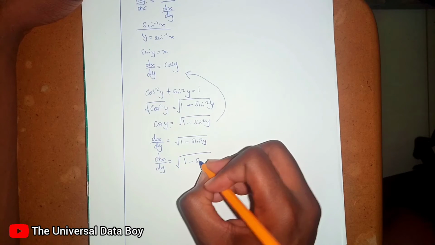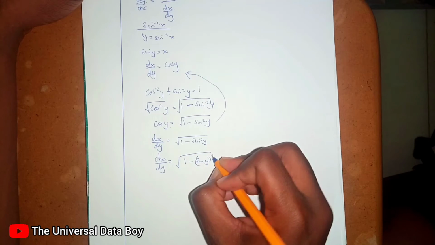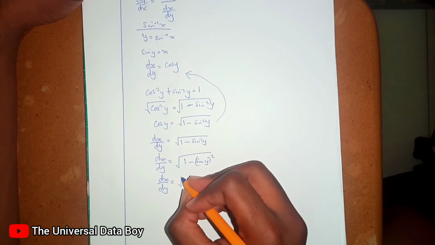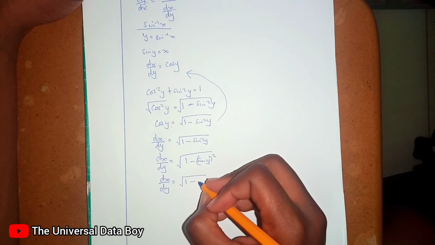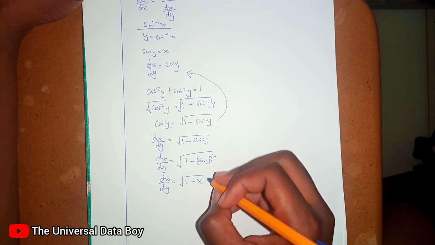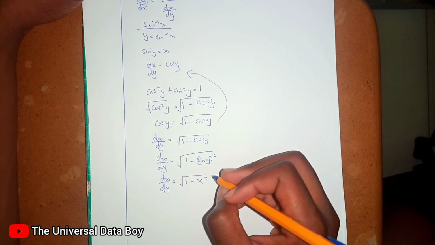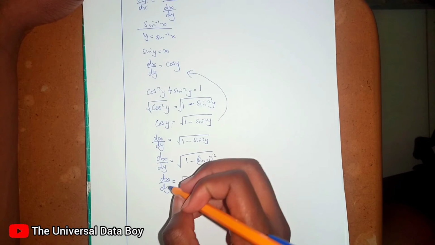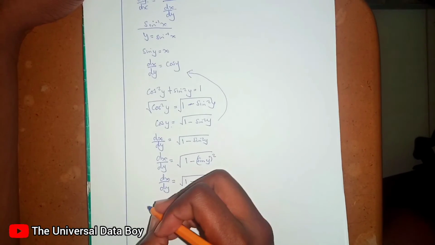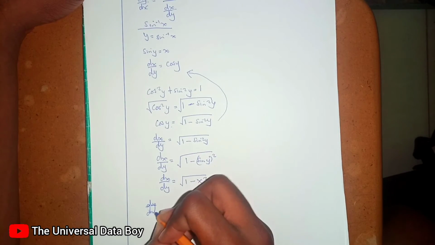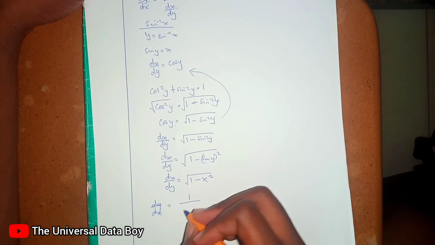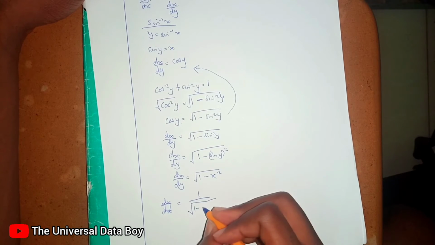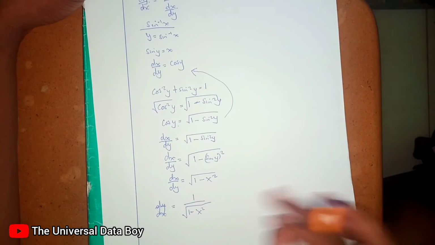So dx by dy is equal to the square root of 1 minus x squared. Then remember, this is dx over dy, but we want dy by dx. So dy by dx is equal to 1 over dx over dy, which is 1 over the square root of 1 minus x squared, and thus we found our answer.